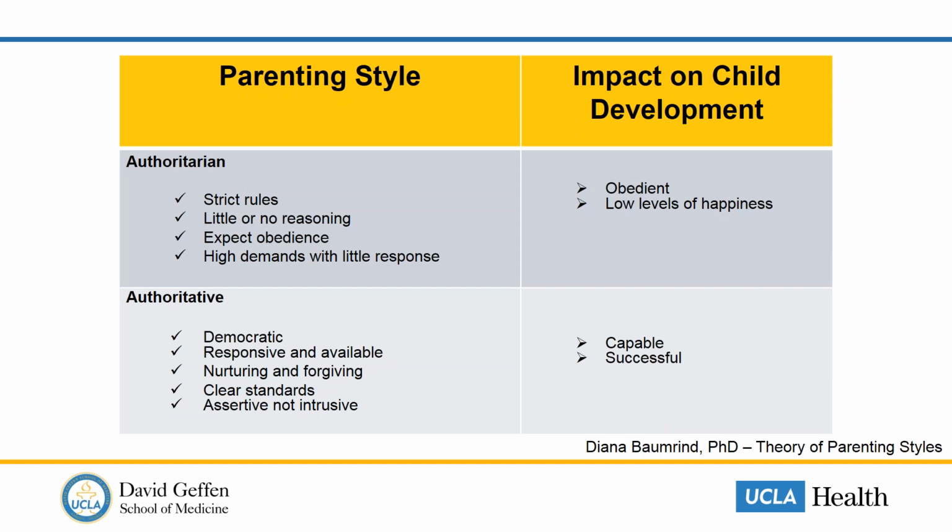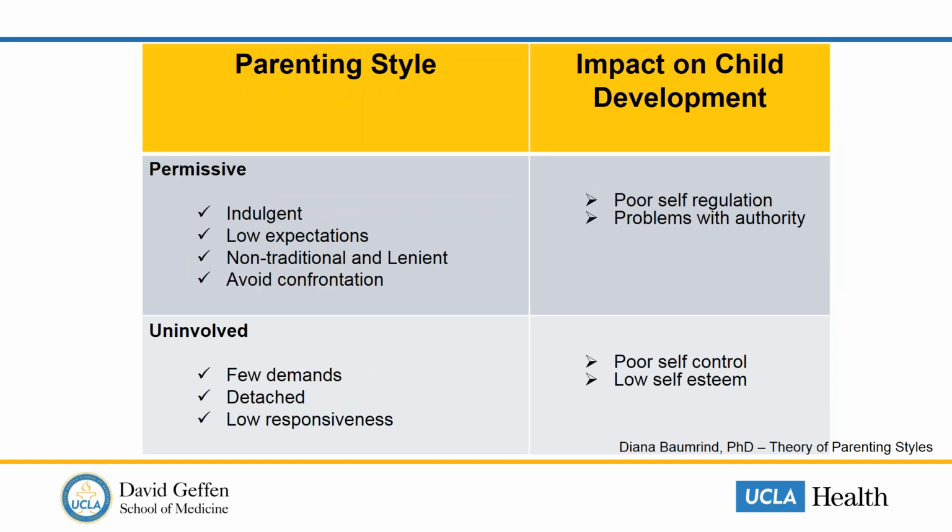And what this specific author, who is again very wonderful, describes is that these children develop more capable attributes, and they tend to be more successful. The other 2 you can imagine are permissive parenting styles, where there's low expectations. They avoid confrontation, and these children often develop problems with authority. They have more difficulty with self-regulation.